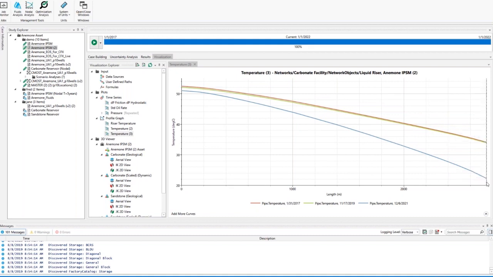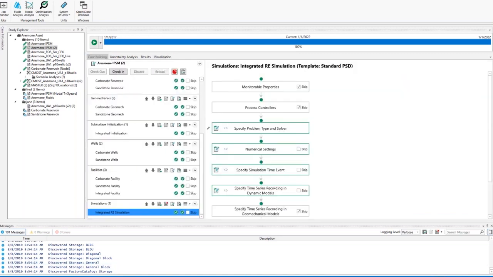So it's 22 degrees now at the FPSO, and that's a little cool, and it can lead to asphaltene and wax problems. So basically, Coflow can use these results to do some action and prevent the temperature from dropping too much. So that is all you would do in Coflow, and then our base case has been created now.